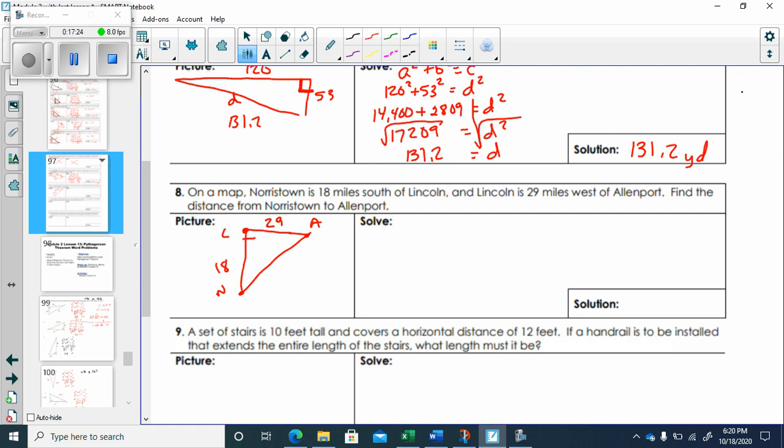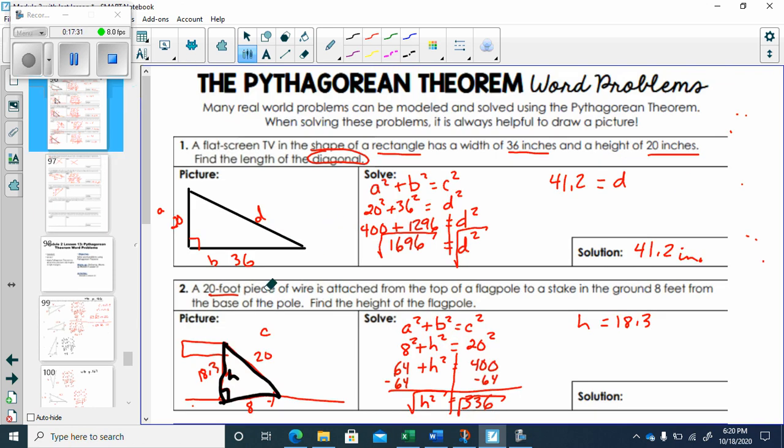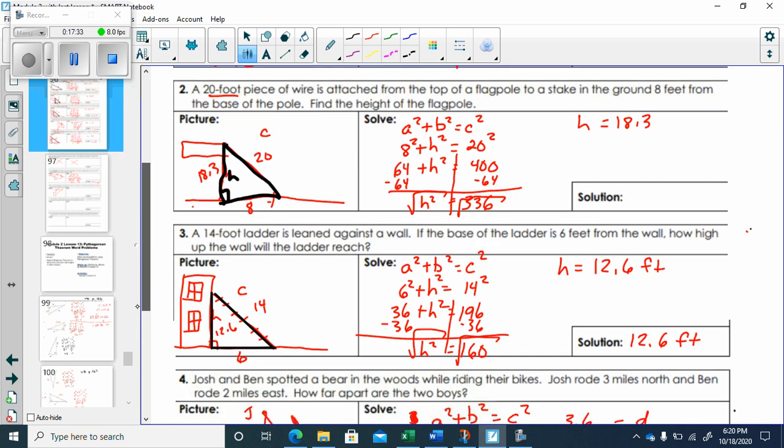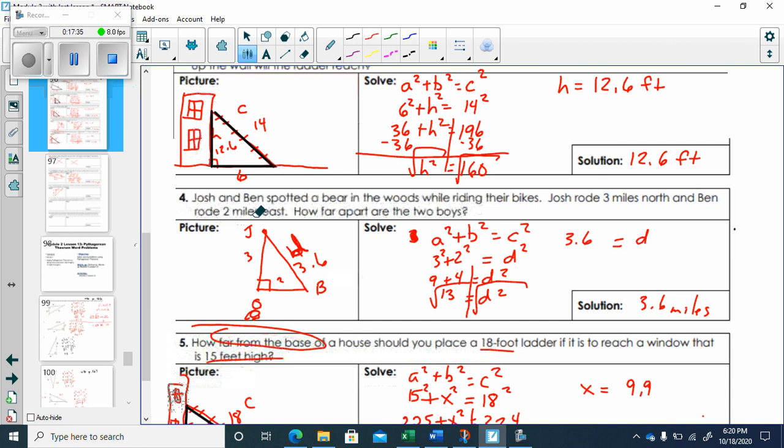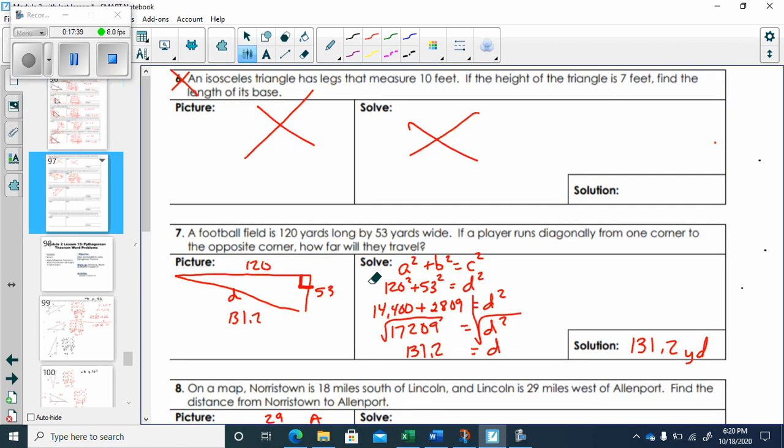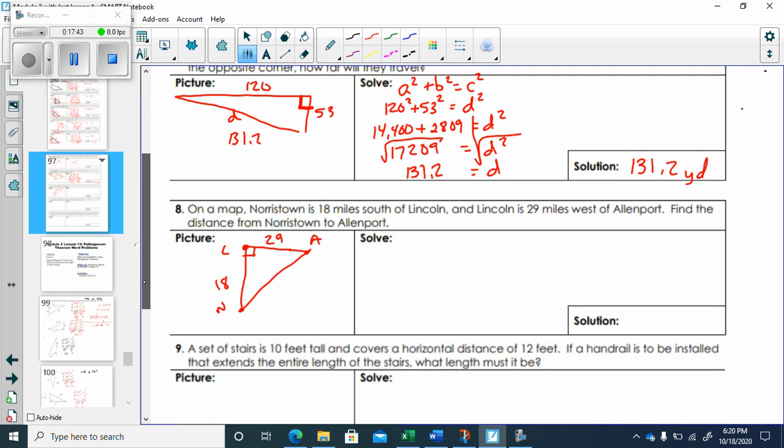Well, look, guys, right angle if they were talking about south and west, right? We did one just like that over here. When we were doing this earlier, we were talking about the bear. We did one that was north and east. Now we're doing one that is south and west, okay? So same situation. How do I find the distance between Norristown and Allenport?